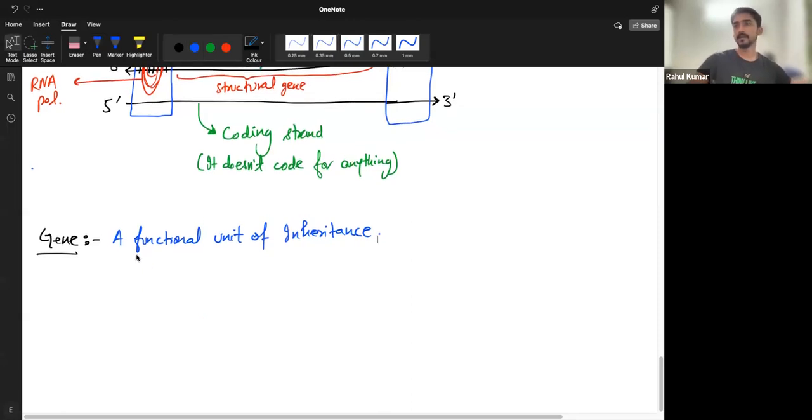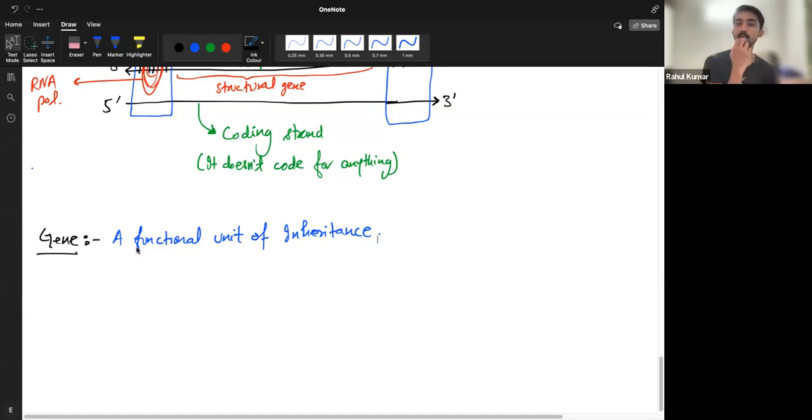Right. But we know for sure where a gene is located. You can actually find promoter regions in our own genome, and you can say that this is where a gene starts and this is where a gene ends.